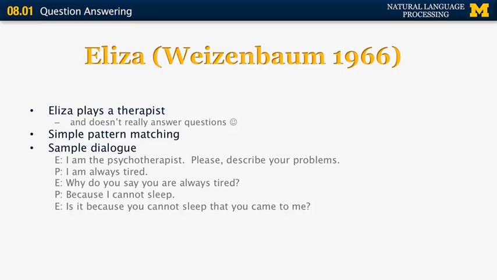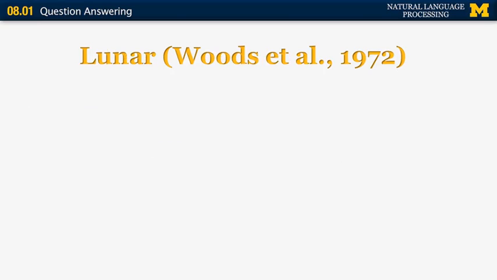So it has a way to convert some of the surface patterns of the user's questions into additional follow-up questions that seem to indicate some sort of intelligence, even though it's really not there. Yes, help me, please. And then at this point, the system doesn't know what to do, so it starts a new thread in the dialogue by reminding the user of something that they said earlier. Earlier, you said you cannot sleep, and so on.